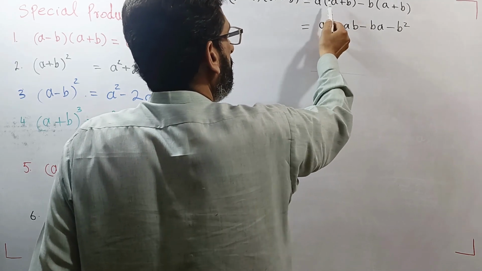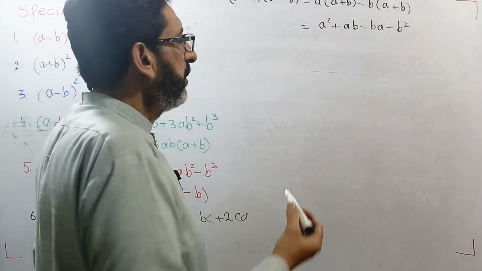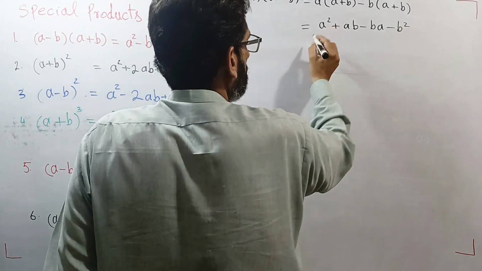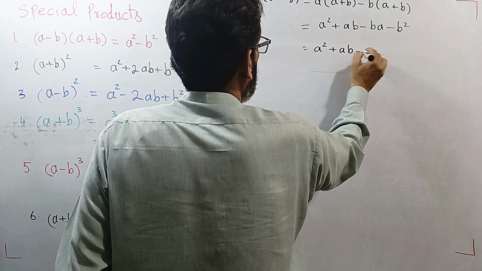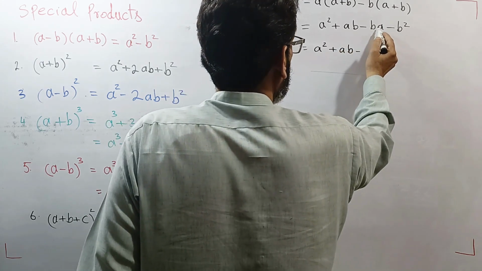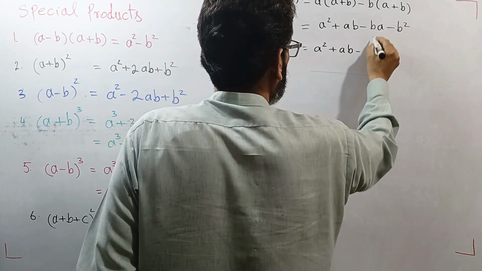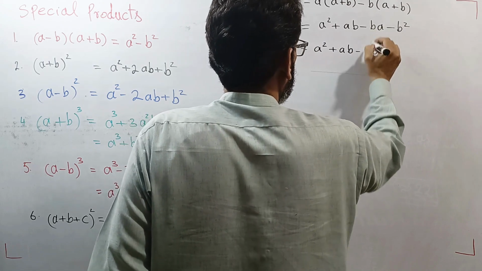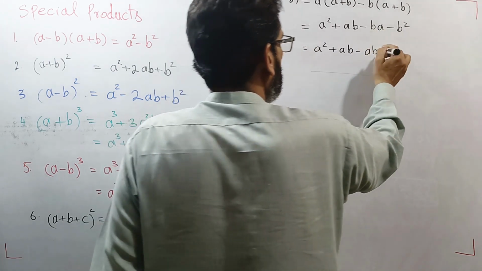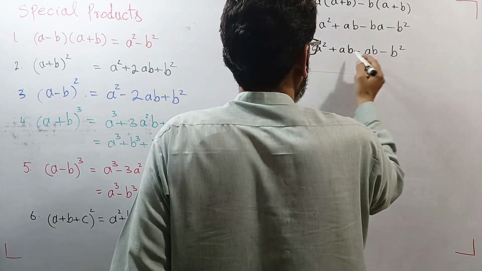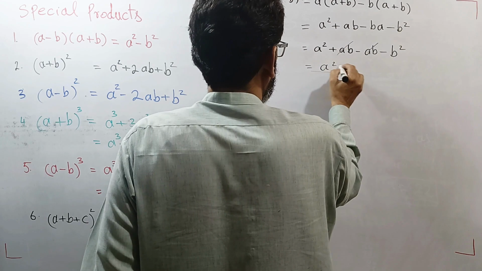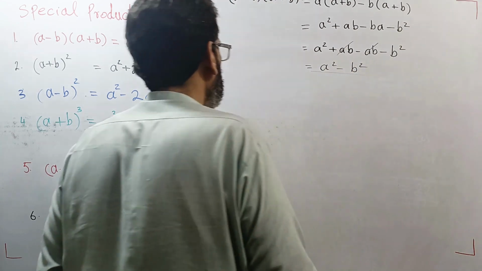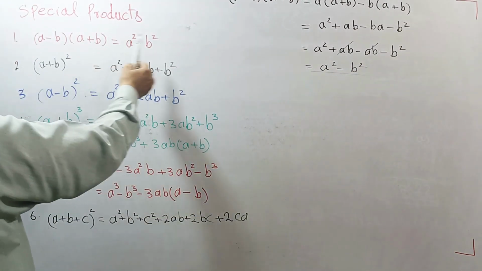When we multiply terms with the same base, powers are added. Using the commutative law, we can write ba as ab. Then ab is positive and this is negative, so we get a² − b². So this is our first formula.